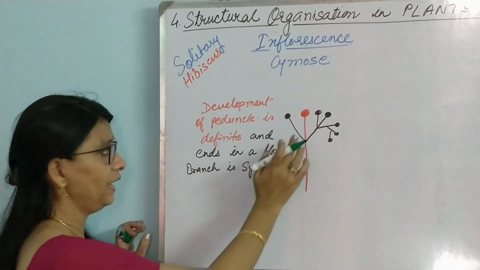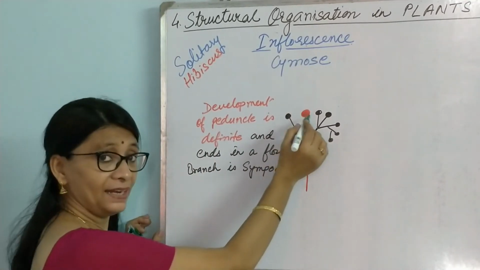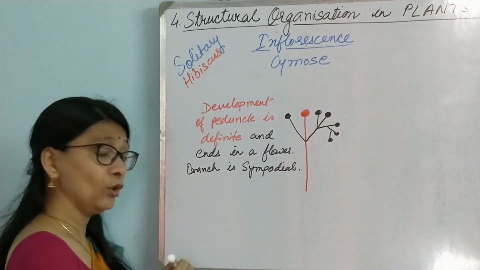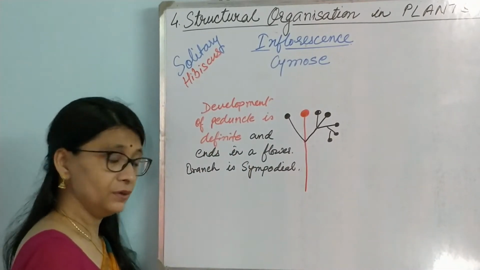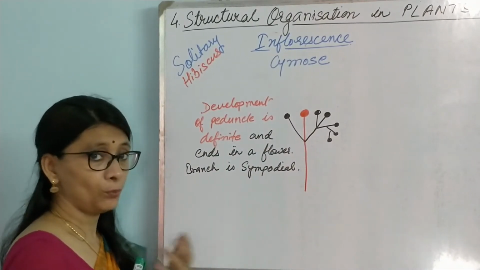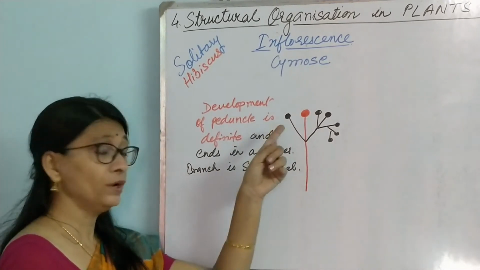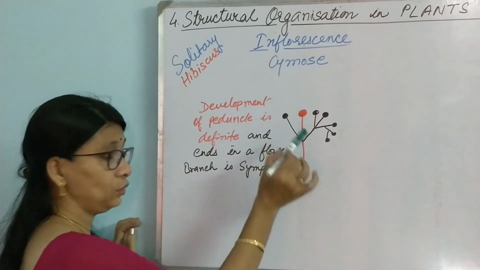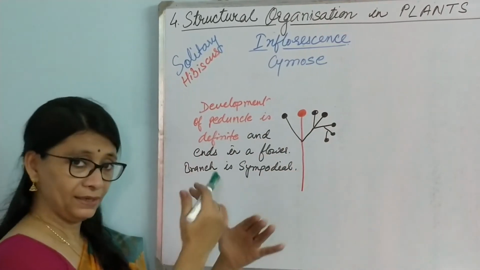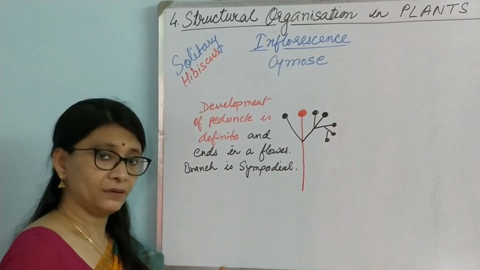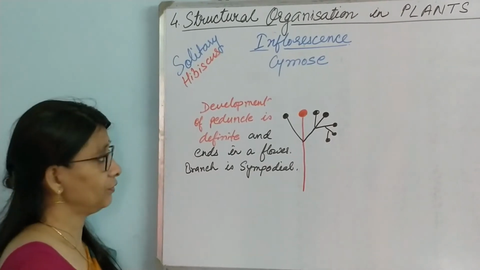Since it ends in a flower, the topmost flower is the oldest flower. Again, this is opposite to racemose where the youngest flower is the topmost. Here the oldest flower is at the top, and the new flowers come in a lower direction.